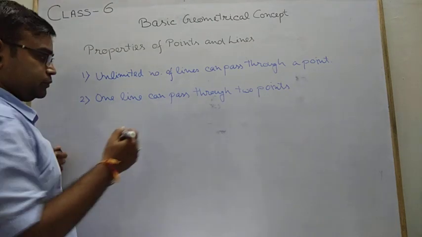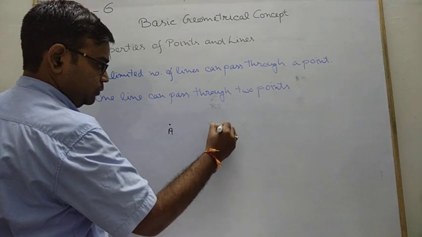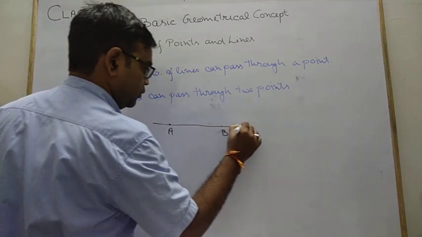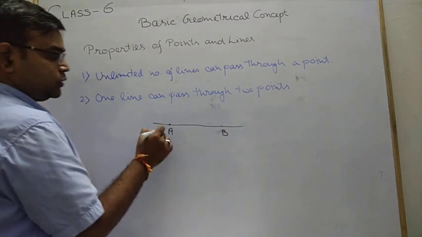Suppose we have 2 points, one is A, the other is your B. So there is only one line which passes through this AB. There is no other line.